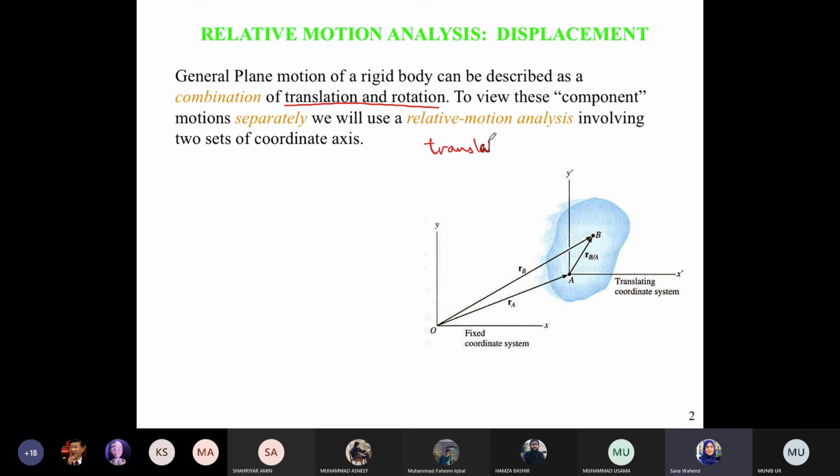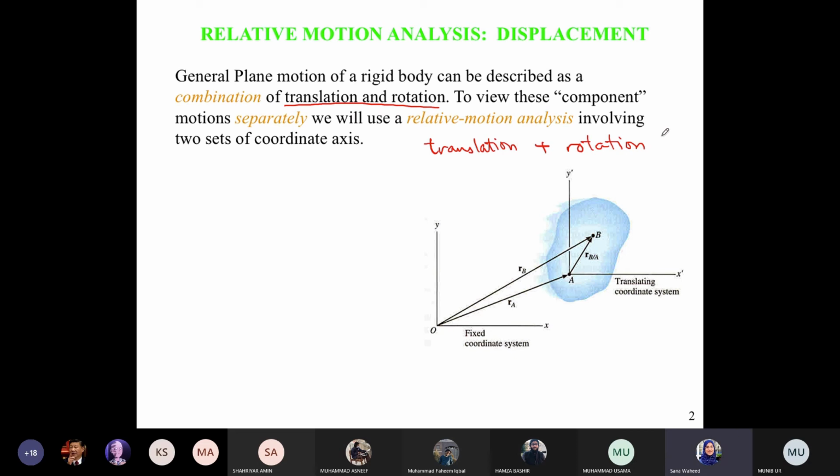Why don't we consider the general plane motion to be translation plus a rotation? That is, it's both of them occurring. So why don't we separate those two effects out and then consider each of them, and when we add those two effects together, we'll get the total general motion of a rigid body.